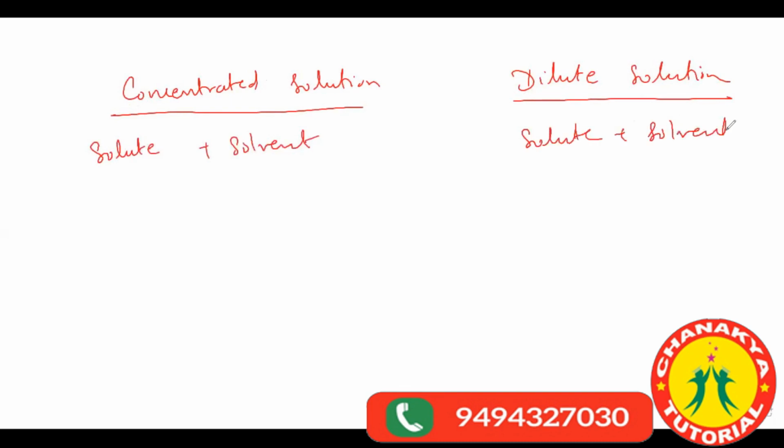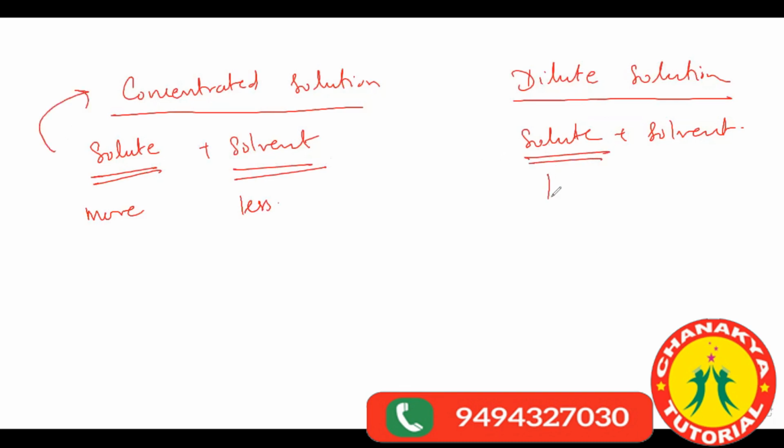Ma'am, you haven't told us about the dilute solution, right? Now, if the quantity of solute is more and the quantity of solvent is less, such a solution is called a concentrated solution.